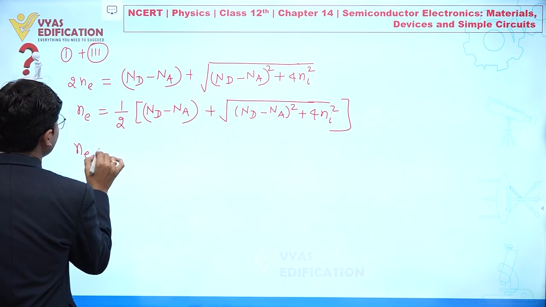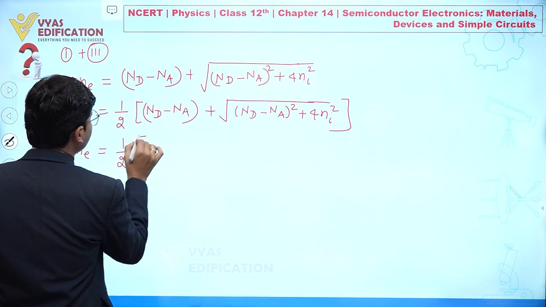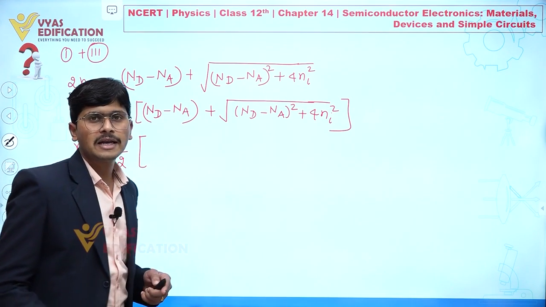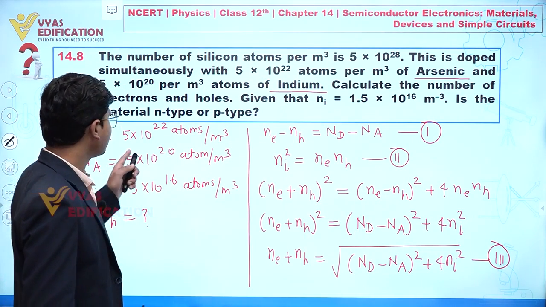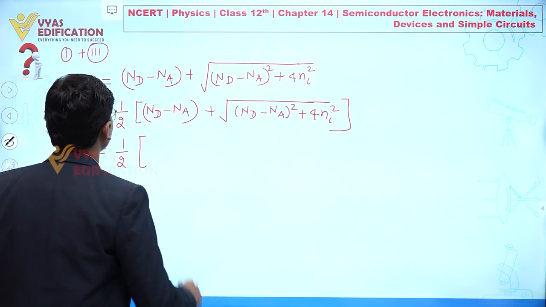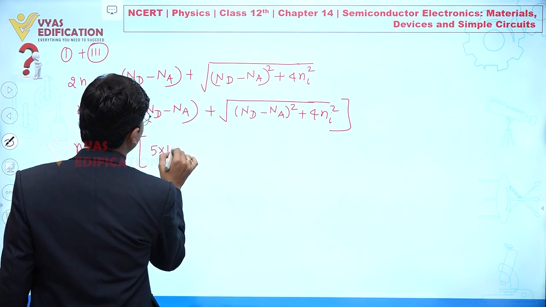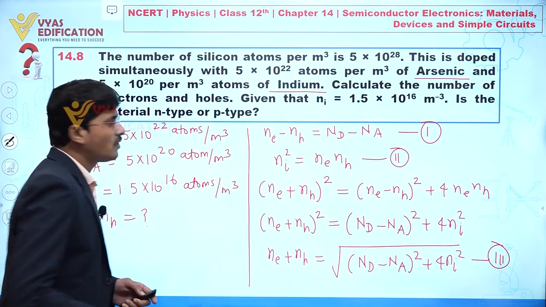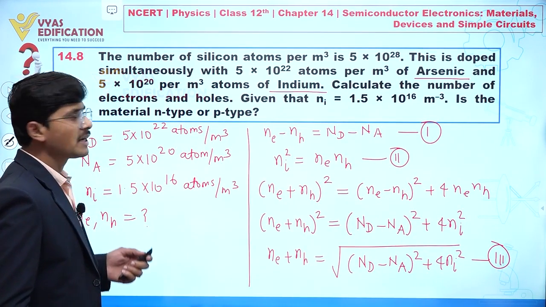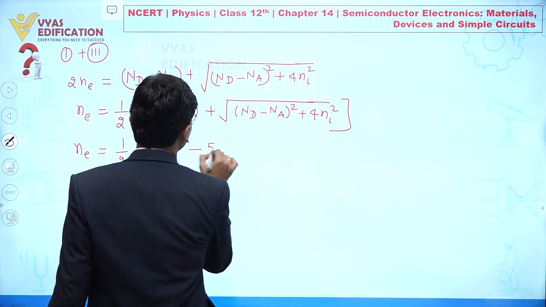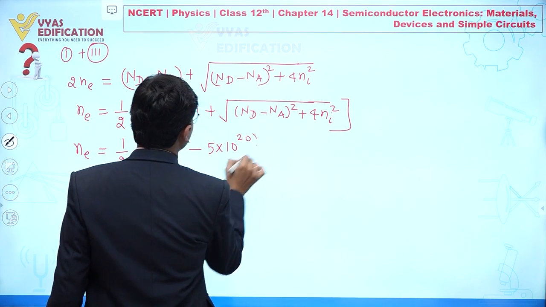So we know 1 by 2. Now what is the value of capital Nd? Capital Nd is given, 5 into 10 to the power 22. Minus, what about Na? 5 into 10 to the power 20. Clear?